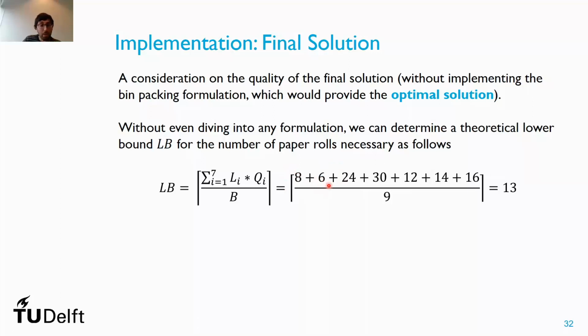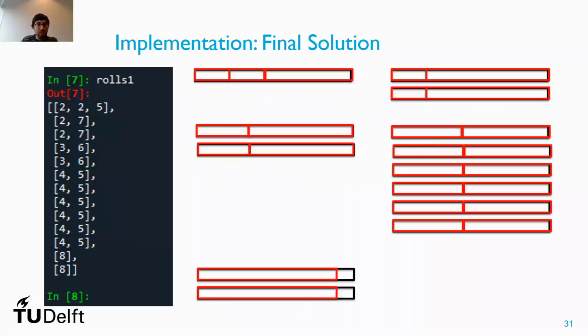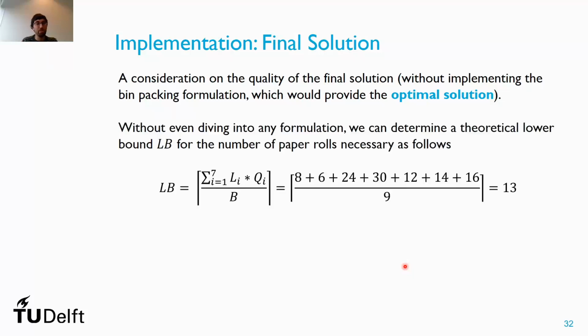This is the length of all the pieces of length 3 we need, and all the way up until we hit the length 8. This numerator divided by 9, which is the length of a single bin, with the ceiling operator outputs 13. But 13 is also the number of bins we ended up computing with column generation. So in this case, without even solving the bin packing formulation, we know our solution is optimal.